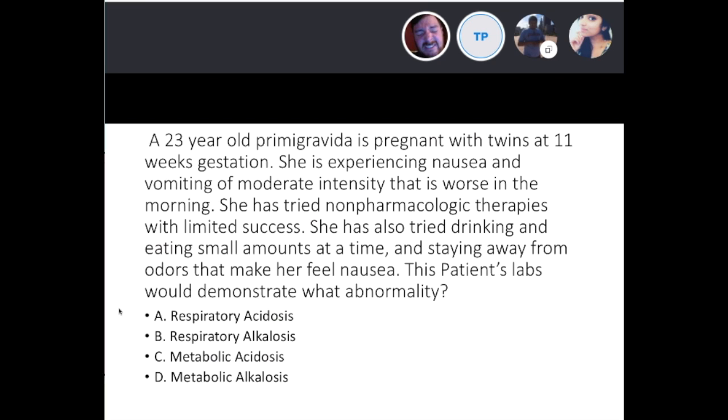So this is called hyperemesis gravidarum, when women have severe vomiting that's uncontrollable. The way to test if it's just normal morning sickness or a severe illness is to do a metabolic panel like this and also check the urine for ketones.